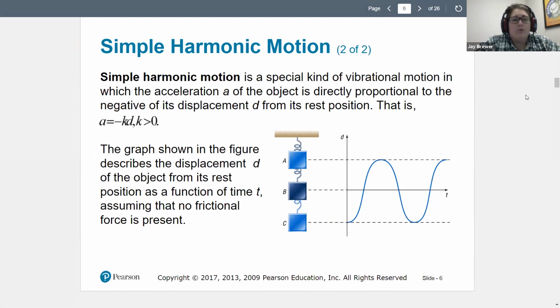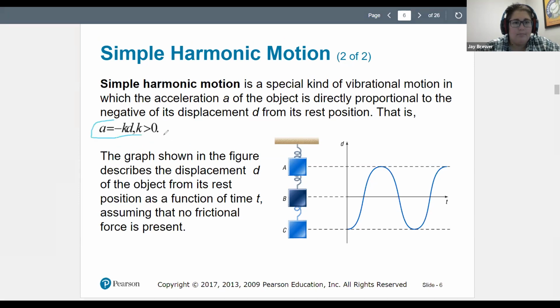All right. Simple harmonic motion is a special kind of vibrational motion in which the acceleration A of the object is directly proportional to the negative of its displacement from its rest position. Okay, here you go. Probably want to pay attention to that.